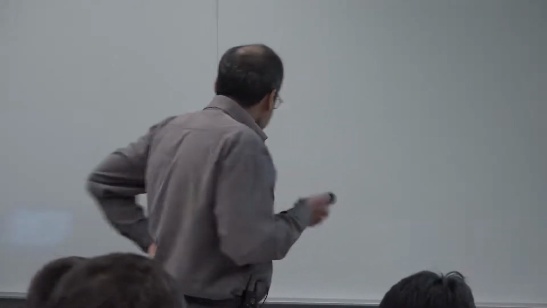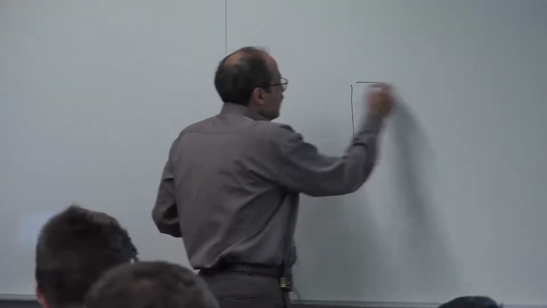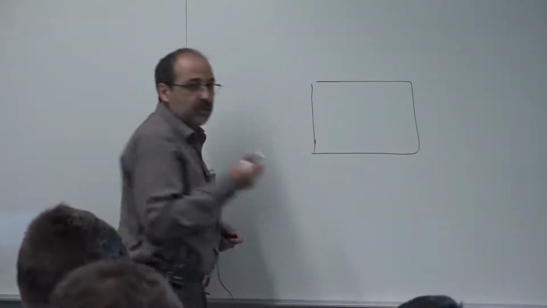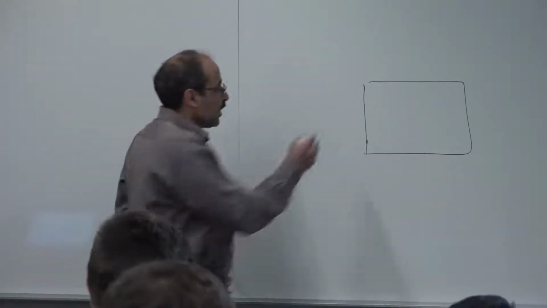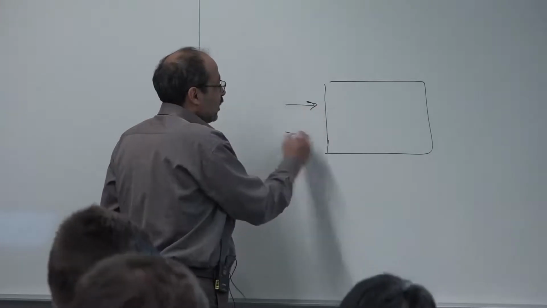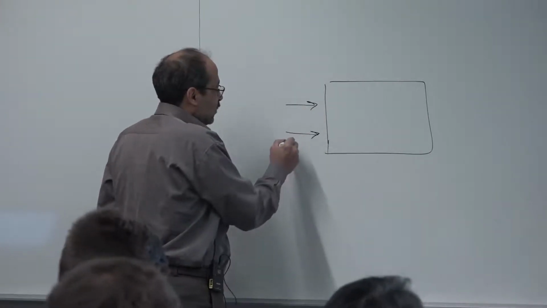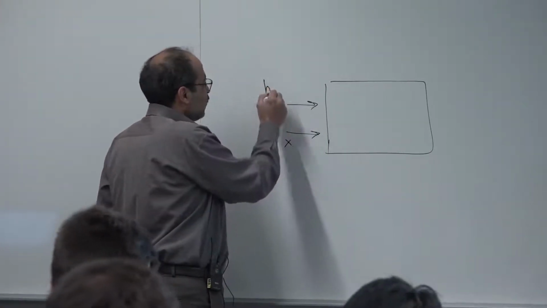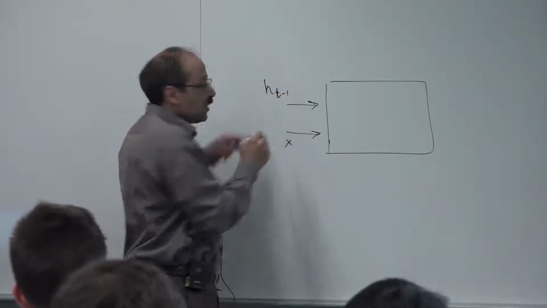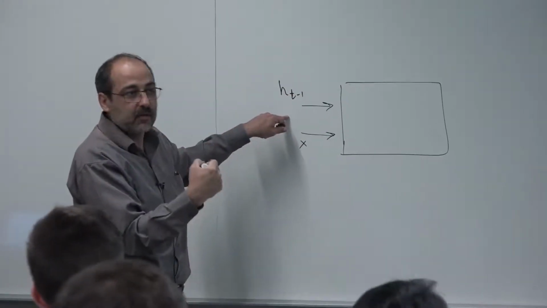So in practice, when you are making a model, you treat this LSTM or GRU as a black box that has two inputs. One input is your observation X. The other input is the hidden unit of the previous step.